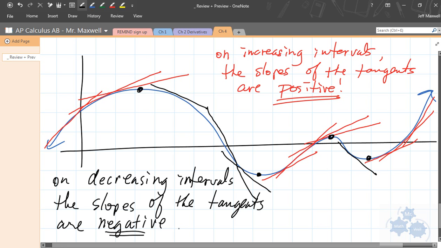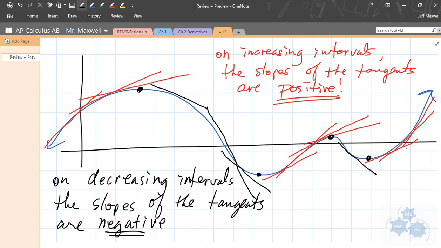On decreasing intervals, the slopes of the tangents are all negative. So if we're given a graph, we can clearly see that if we draw tangent lines, where they're all negative, that's a decreasing section. And where they flip to positive, that's an increasing section, right?